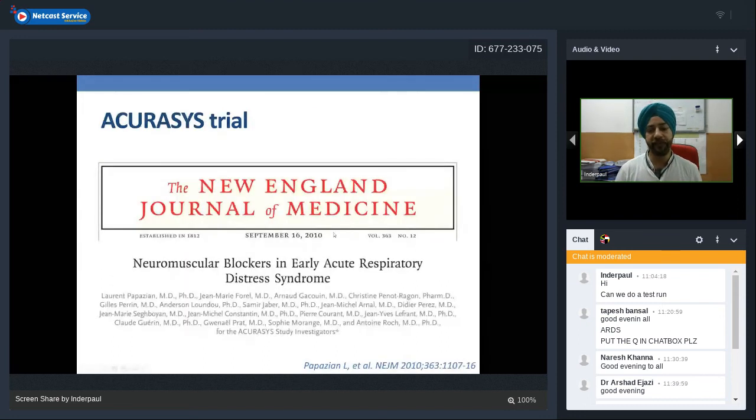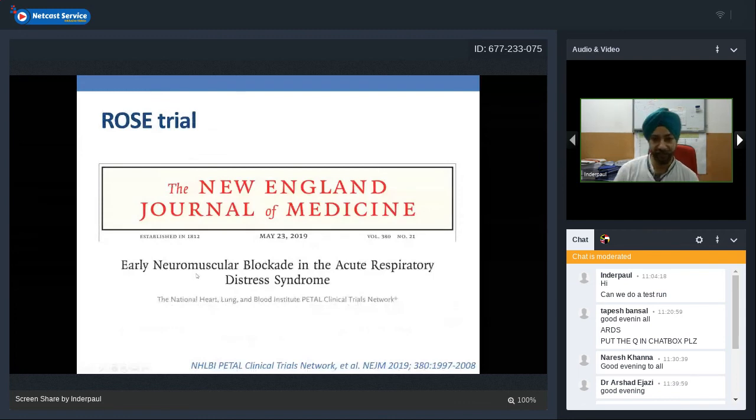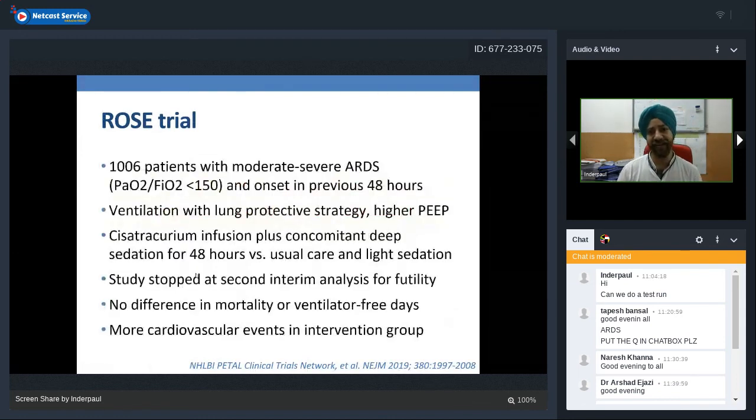And in the ACURASYS trial, the use of neuromuscular blockade in patients with a P/F ratio of less than 150 in the initial 48 hours actually showed improvement in survival. However, in the subsequent ROSE trial, the survival benefit was not shown, and the current guidelines suggest that routine use of neuromuscular blockade should not be done.